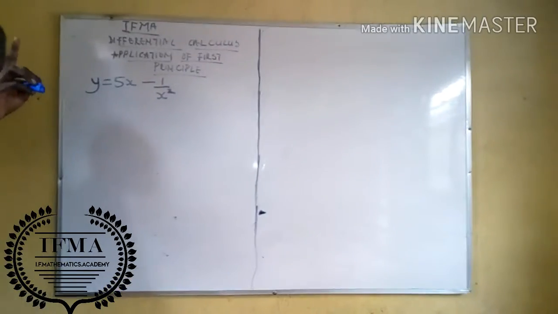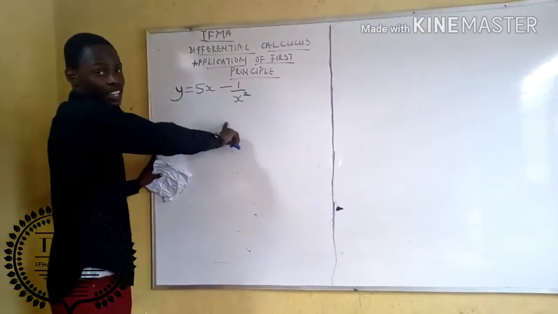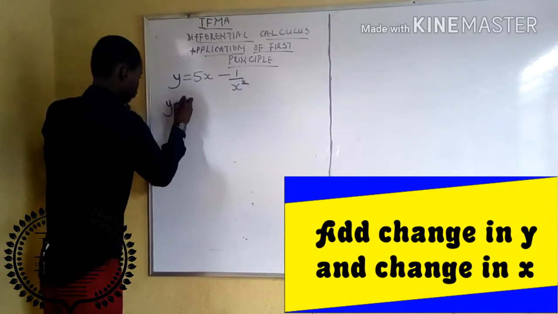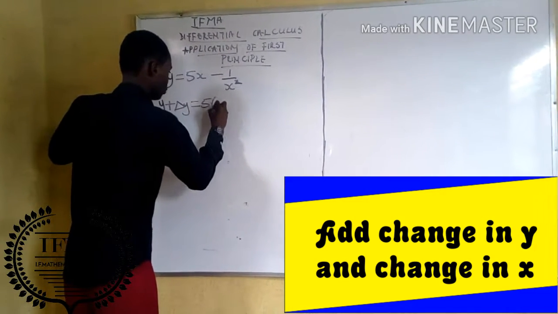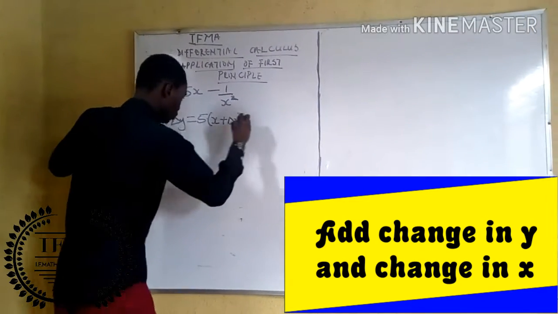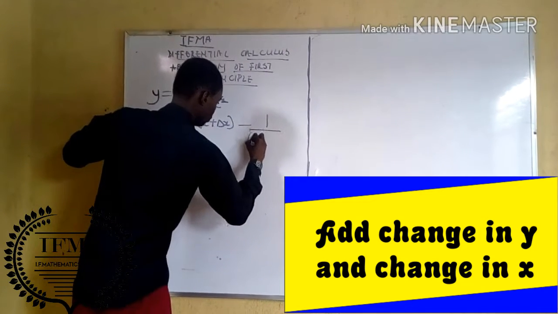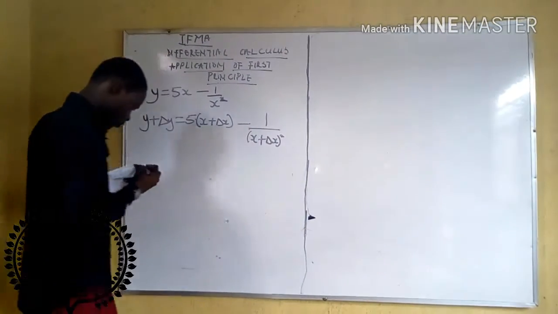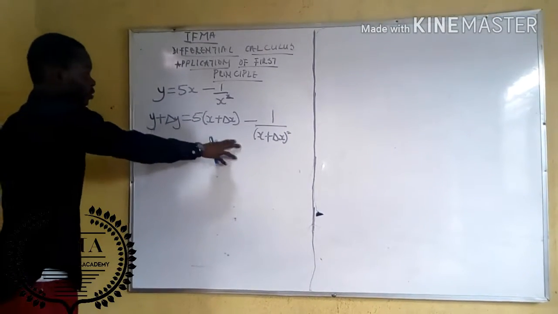Now, as I said earlier in our last video, we are going to add the change in x to both sides. Therefore we have added the change to both sides of the equation.